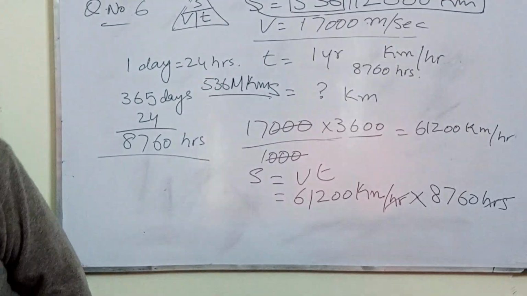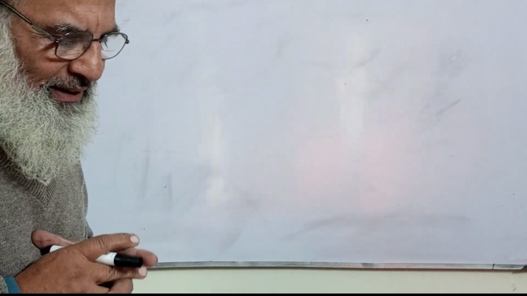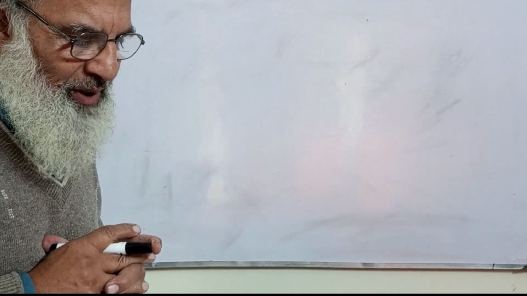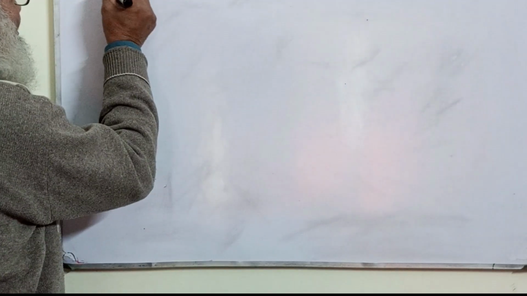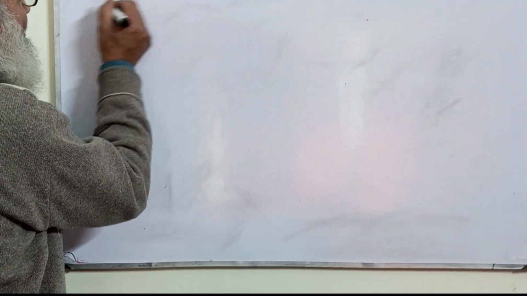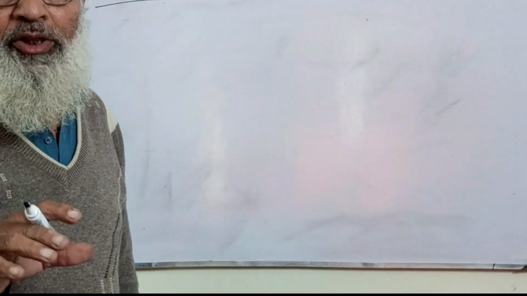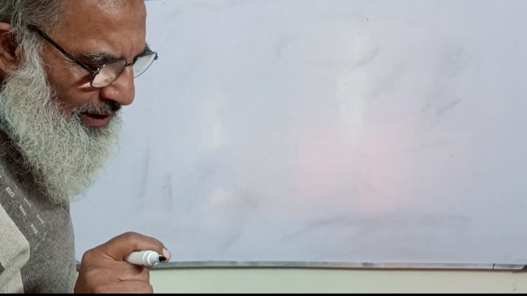Now, question number 7. Calculate how many minutes it takes sunlight to reach us from the sun. Light travels at the speed of light. In fact, it is the approximate speed of light; the actual is a little lesser than this.